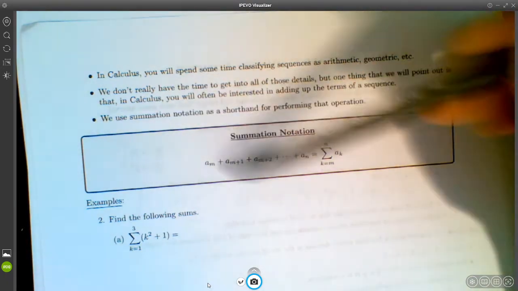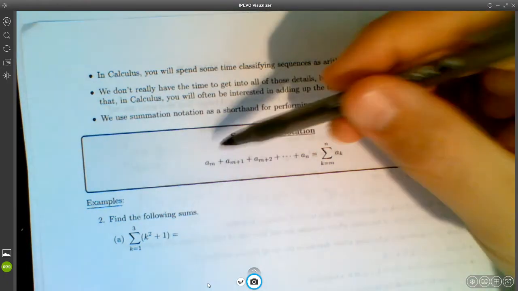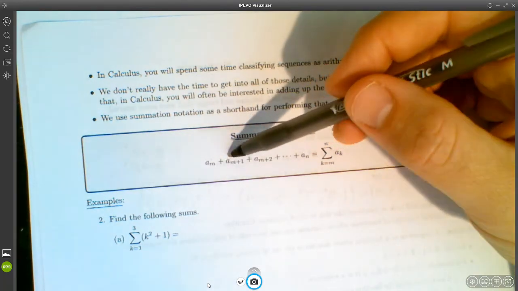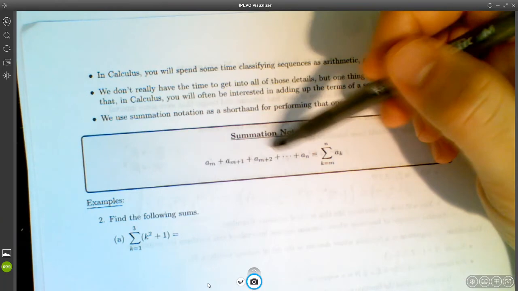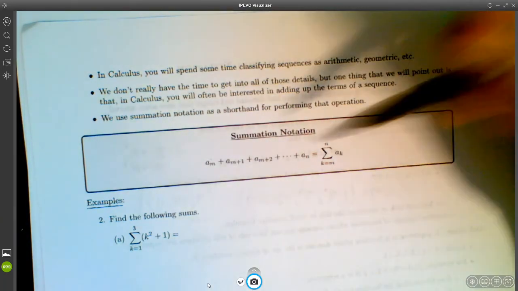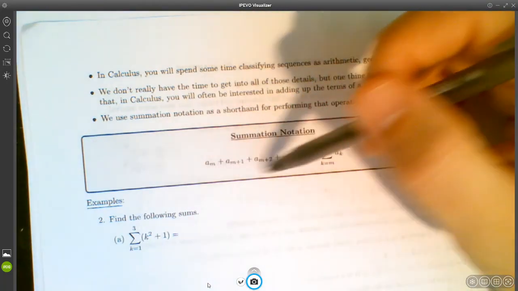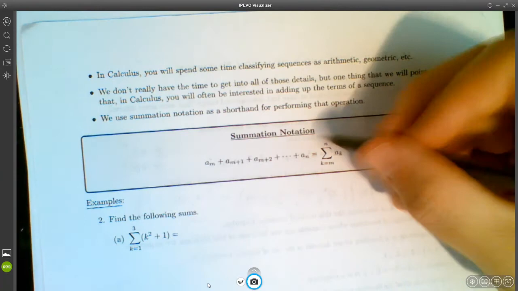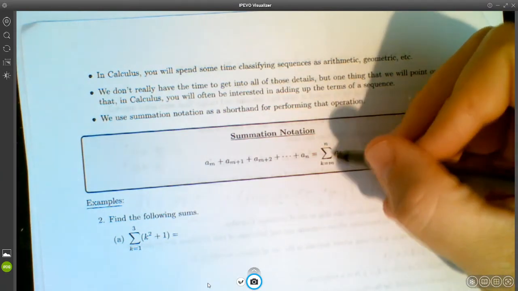And here's how summation notation works. So let's say that you have this list of numbers, a sub m plus a sub m plus 1 plus a sub m plus 2 and so forth, all the way up to some stopping point a sub n. If you wanted to signify that you're going to add those numbers up, you use a capital sigma.